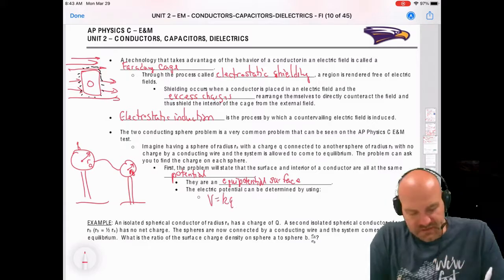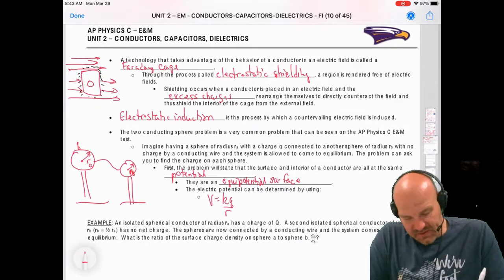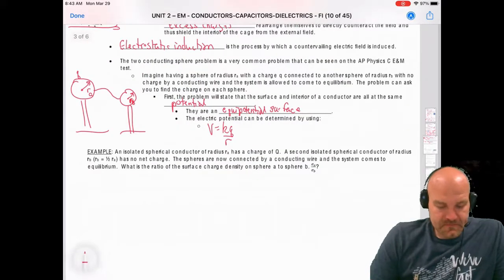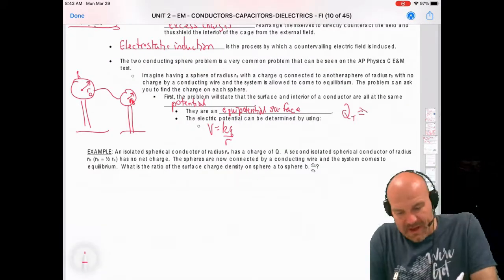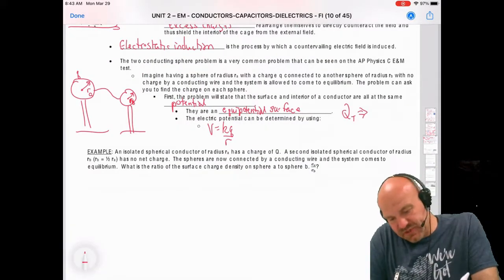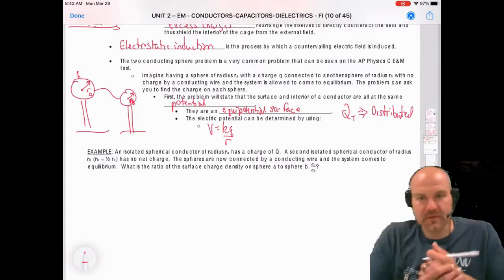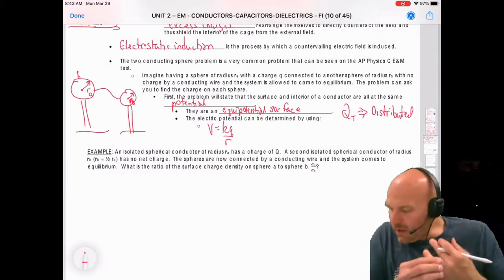The electric potential we can find by using kQ over R. The total charge gets distributed amongst the two.